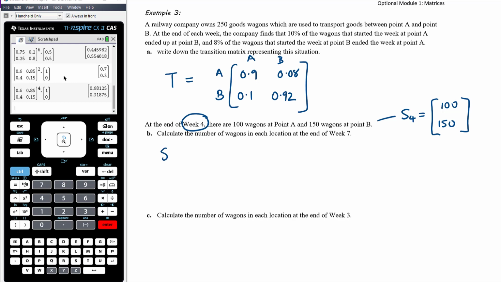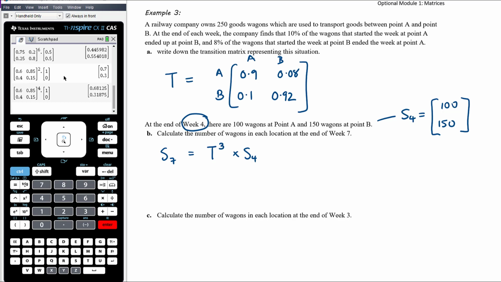So we want state 7. We know about state 4. So the question is, how many transitions to get from state 4 to state 7? Count on your fingers if you need. 5, 6, 7. So 3 transitions are needed.